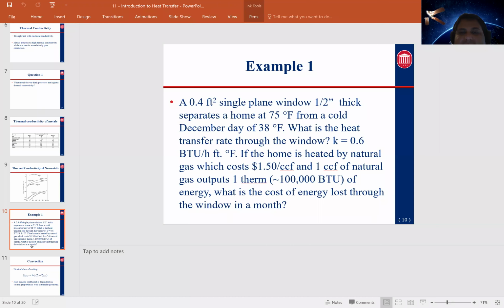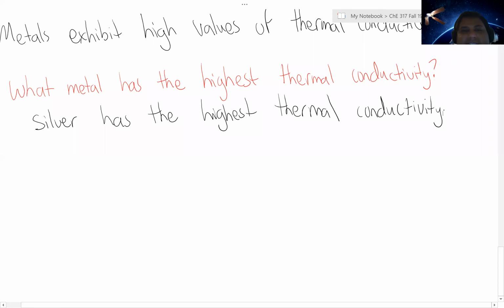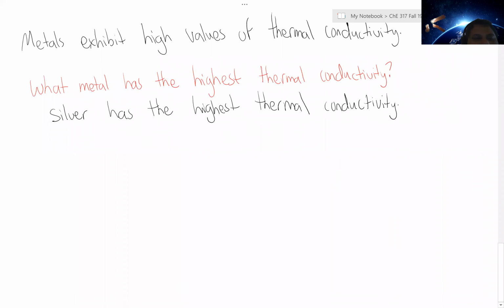What is the heat transfer rate through the window if the thermal conductivity of the window is 0.6 BTUs per hour per foot per degree Fahrenheit? We're just going to focus on that and ignore everything that says if the home is heated. We'll get there in a second. So we're just going to look at an example of heat loss through a window.